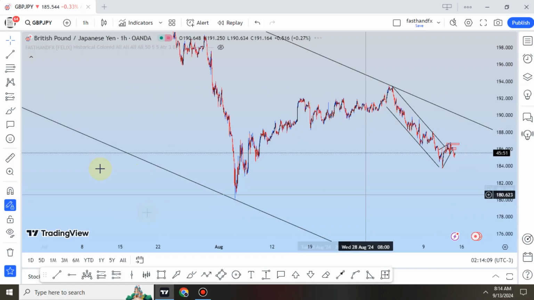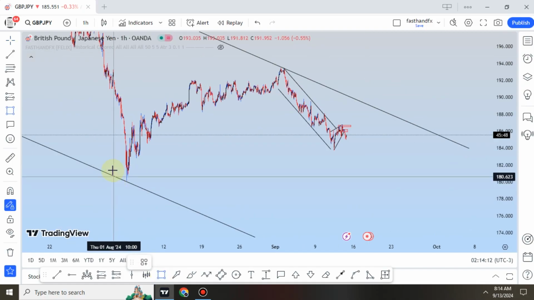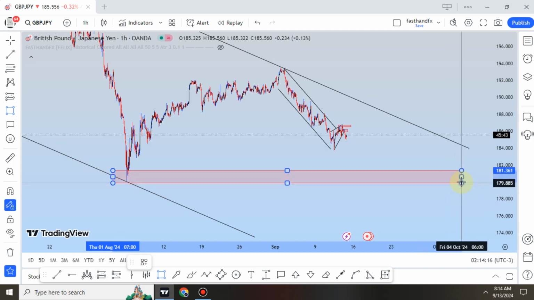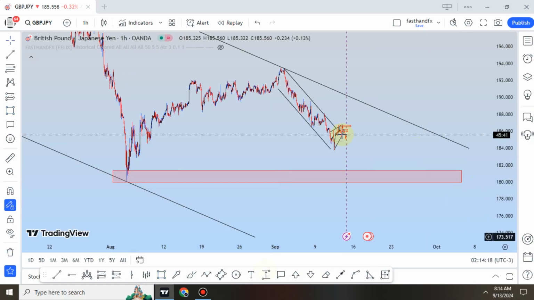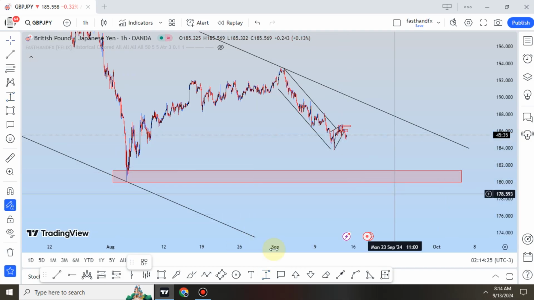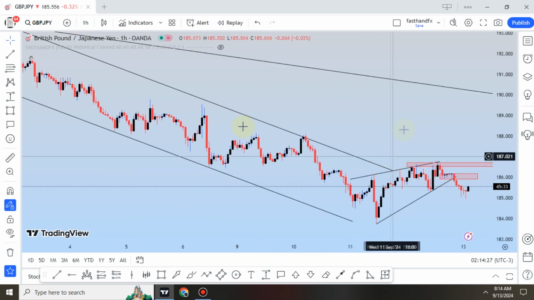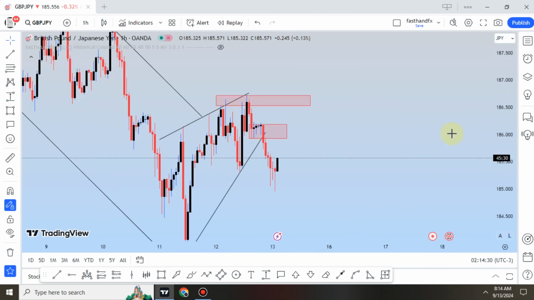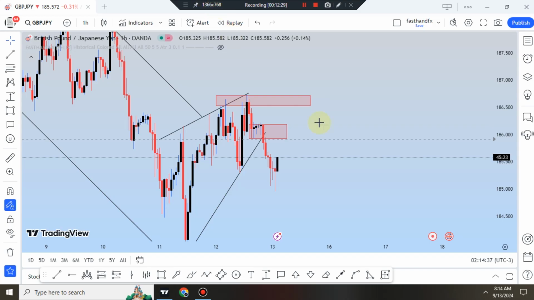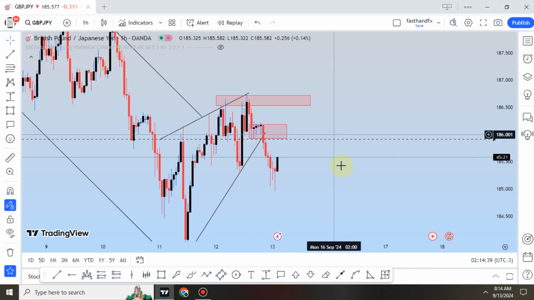So the next level should be this right here, which I think she's trying to target, but she might even take out that level and try to follow the trend. Still okay though. This is the trend right there. So if I see a good reaction around this, I'm going to look for a sell position. So I'll just set an alert right here. Right, so I believe that's it, and adios mi amigos.